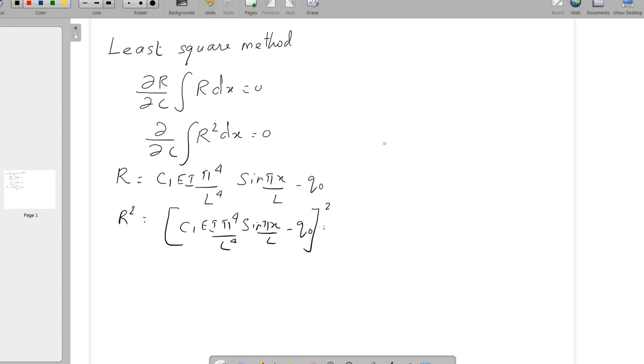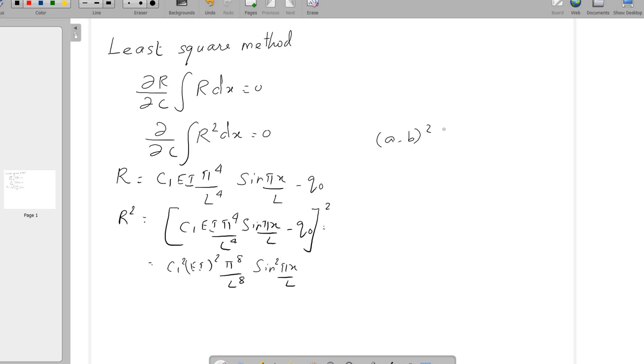So it is in the form of A minus B the whole square. So we can rewrite A square: C1 square EI the whole square pi power 8 by L power 8 sin square pi x by L.